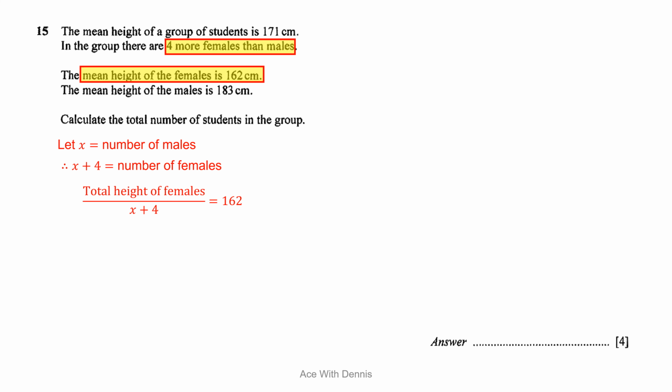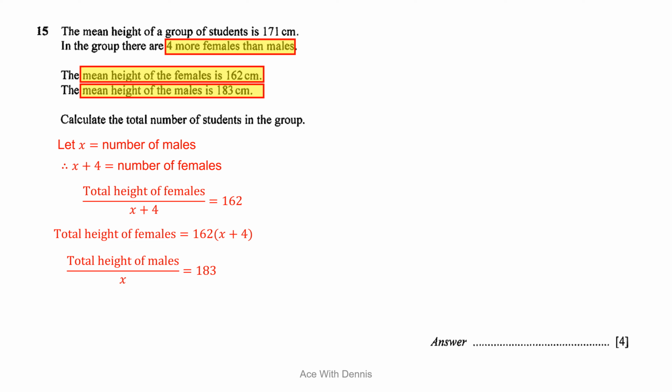So the equation is total height of females divided by x plus 4, which is the total number of females, equals 162. So total height of females equals 162 times x plus 4. Given that the mean height of the males is 183, hence the total height of males divided by x is 183. So the total height of males is 183x.